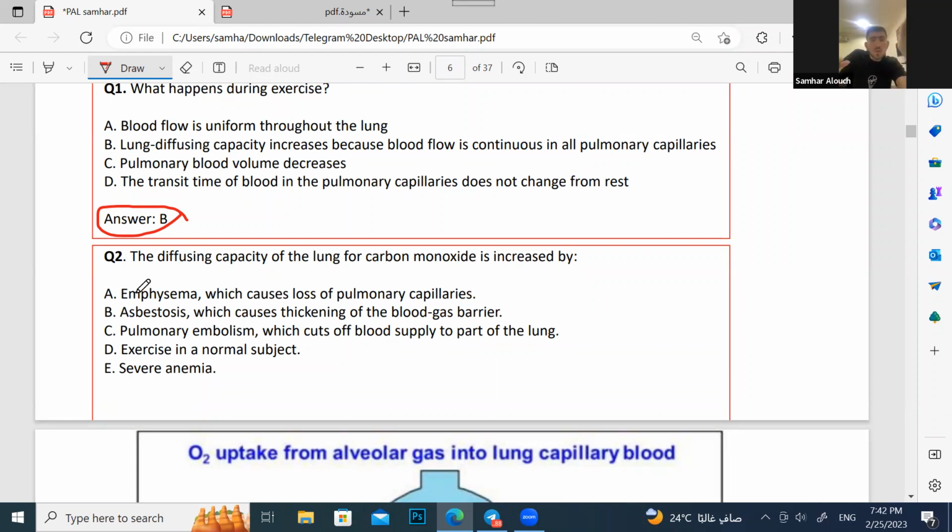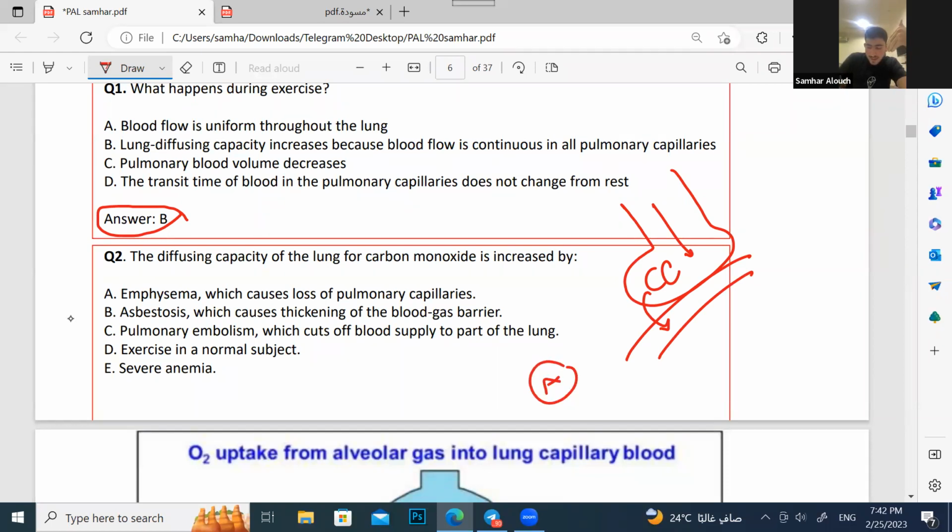Because carbon monoxide is similar to oxygen; it's just a gas. So we have carbon monoxide here and a blood capillary, and carbon monoxide will diffuse through it. And as we said, exercise causes recruitment and distension, which increase the A, the surface area. So now carbon monoxide can pass more. And yes, it is D.